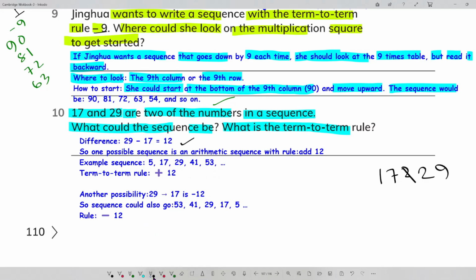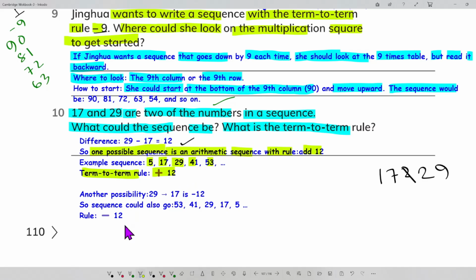So one possible sequence is an arithmetic sequence with the rule add 12. Like if you start from 5, 5 plus 12 is 17, plus 12 is 29, plus 12 is 41, 53, and so on. So this is the term to term rule plus 12.